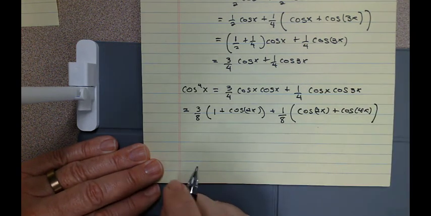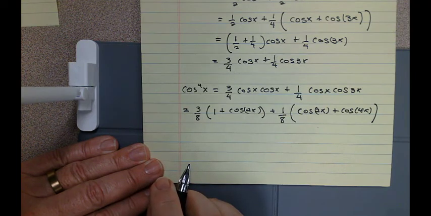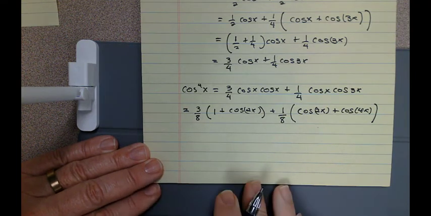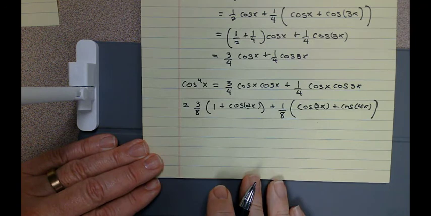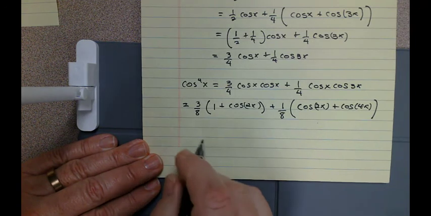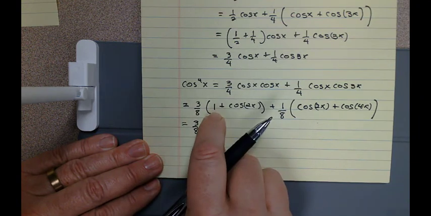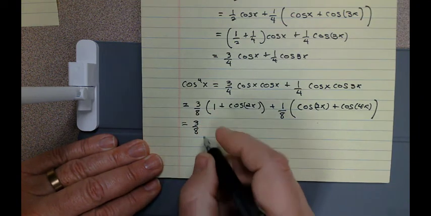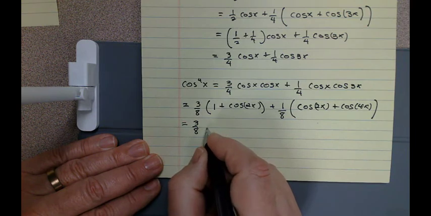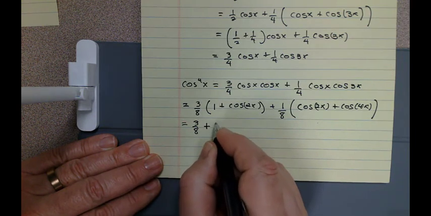Now very carefully bringing these together, let's see. I'll have 3/8 because I only have a 1 here. Then I always make a mistake when I do the next term, so I'm going to be careful with it.